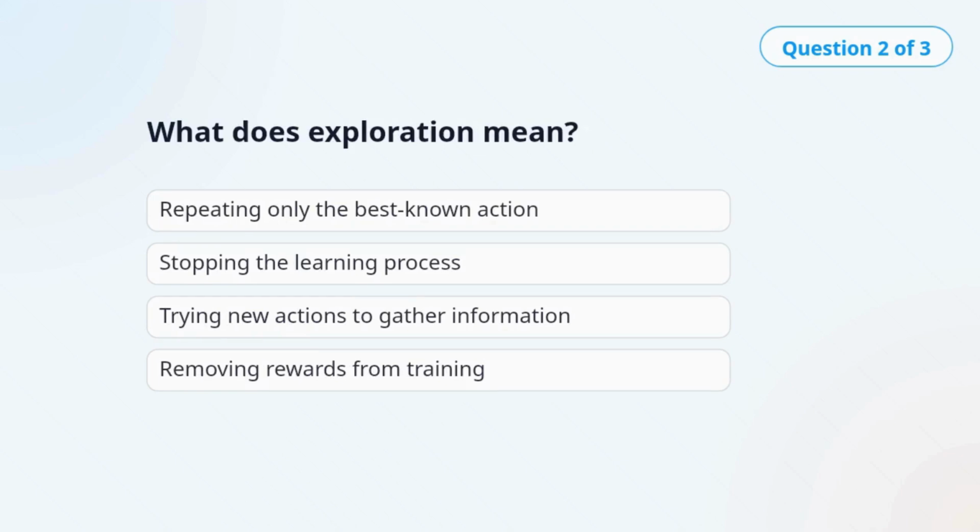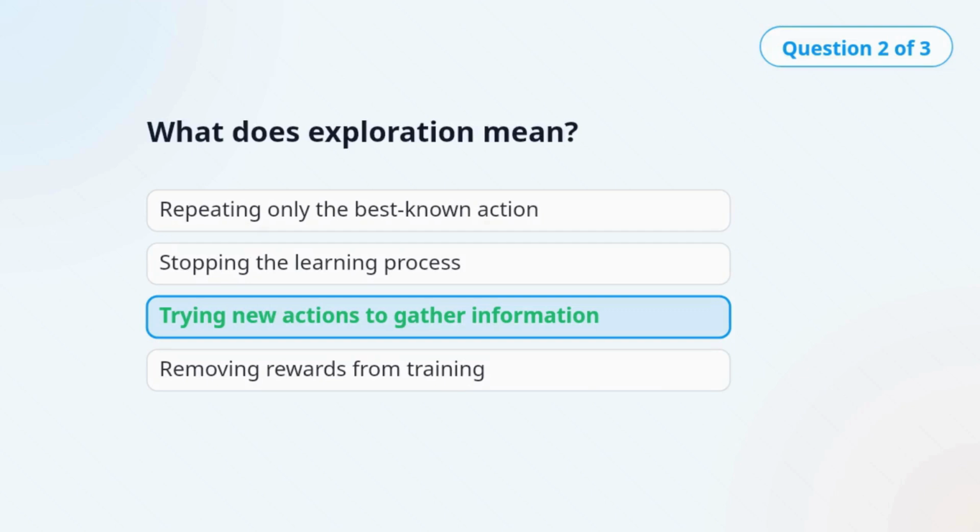Question 2. What does exploration mean? The correct answer is trying new actions to gather information. Exploration helps the agent discover actions that may lead to better rewards.